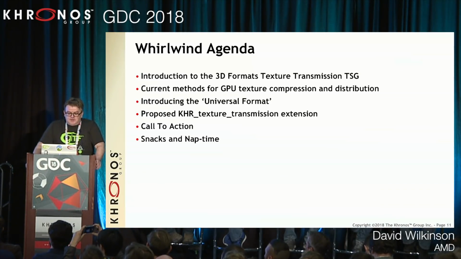We're also going to be introducing the universal format, which is something that we hope will be part of the solution, and I'll explain more about that soon. This whole thing is going to be an extension, and we're going to call it the KHR Texture Transmission Extension. Very early days, we haven't got any source samples up on the repos yet, but keep your eyes on the Khronos webpage and you'll see more news as we develop that.